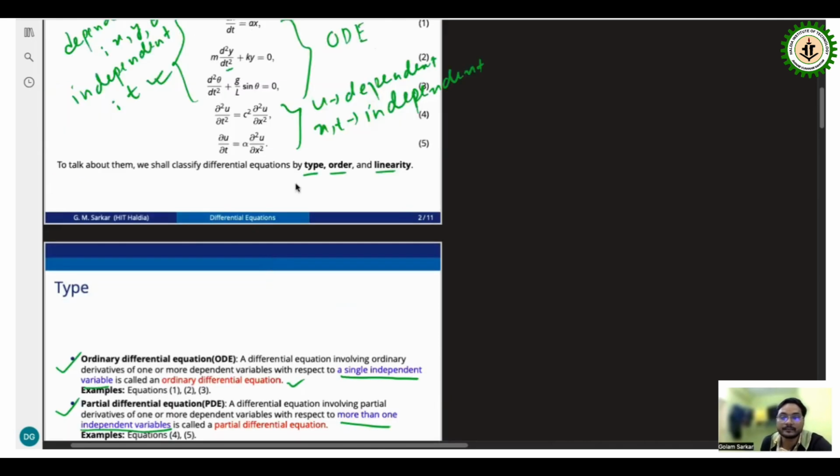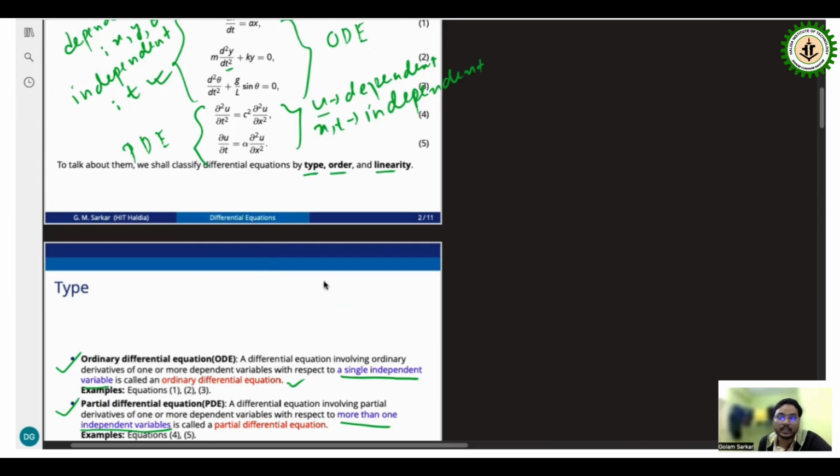As you can see here, u is the only dependent variable, but x, t are the two independent variables for these two partial differential equations. So these two are examples of partial differential equations where we have more than one independent variable, that is, x and t.